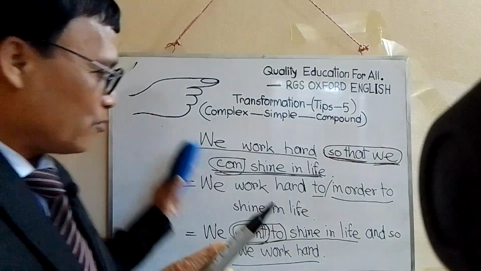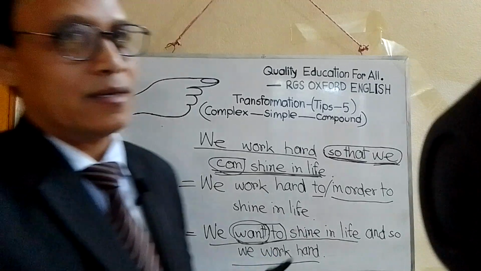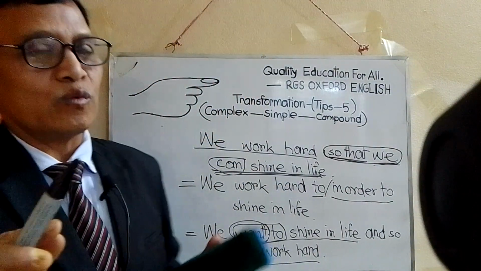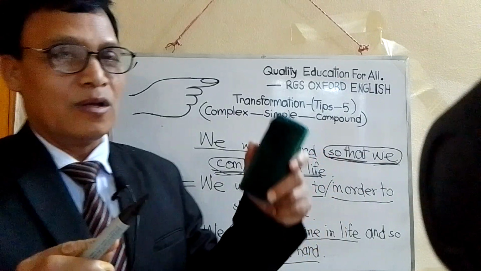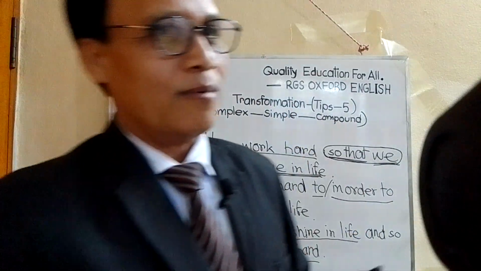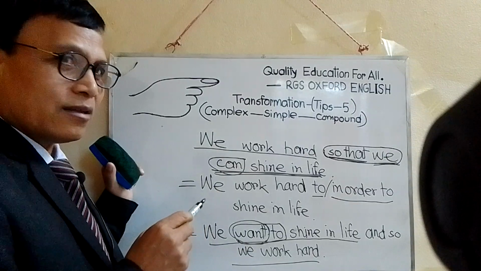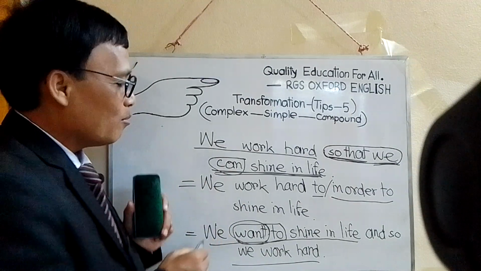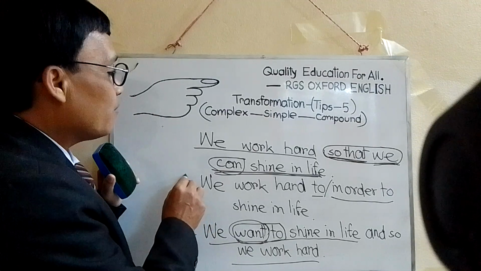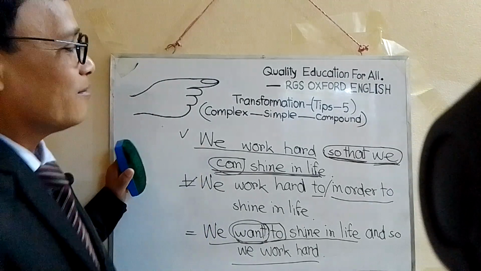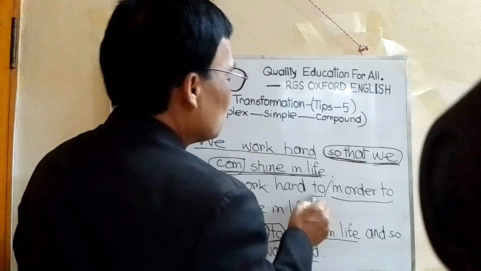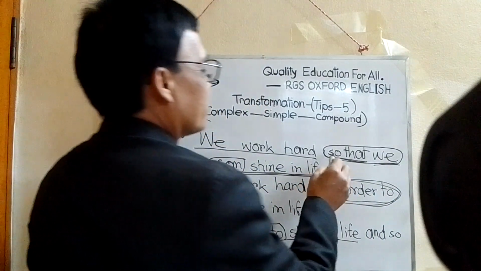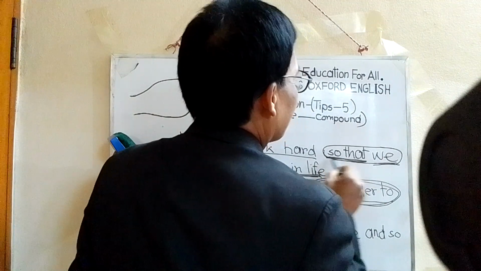Okay, and in this way we'll try our level best to turn the sentence into complex, compound and simple. If we now make the simple sentence into complex, instead of to or in order to, we will use so that.